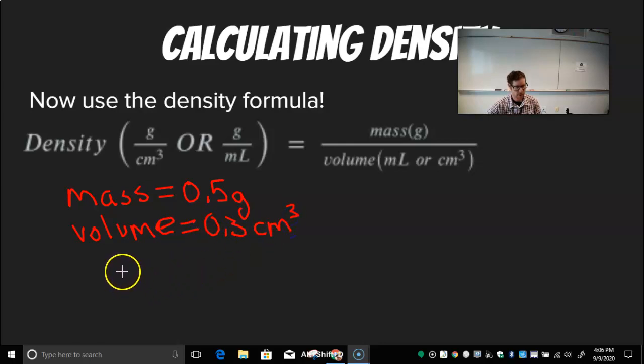So the density is 0.5 grams divided by 0.3 cubic centimeters.